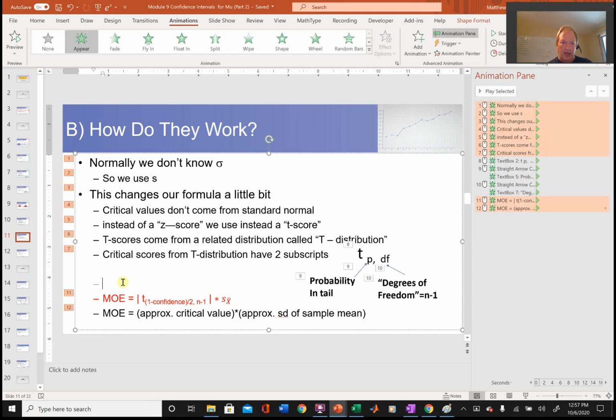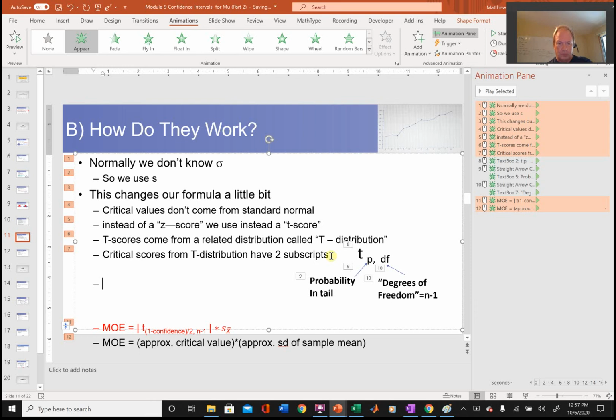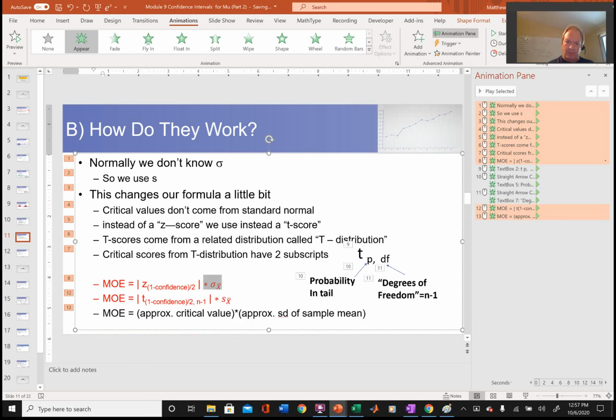So this is what we had before. And this is what we have now when we don't have the sample standard deviation. Okay. So what do we do? We swap out the z-score for a t-score. And this quantity right here, which I'm going to write over because I really want to emphasize this.